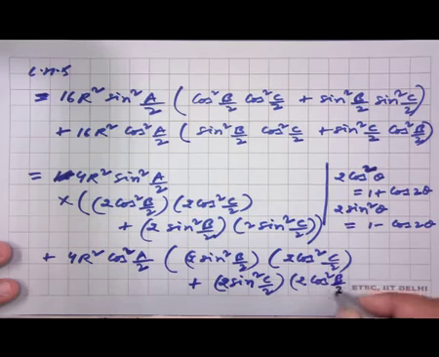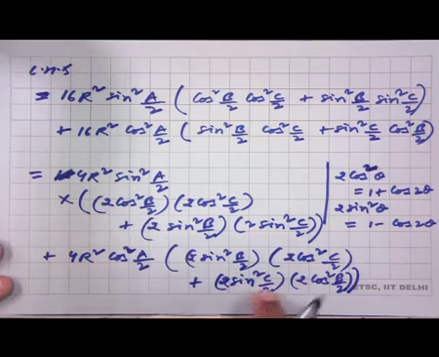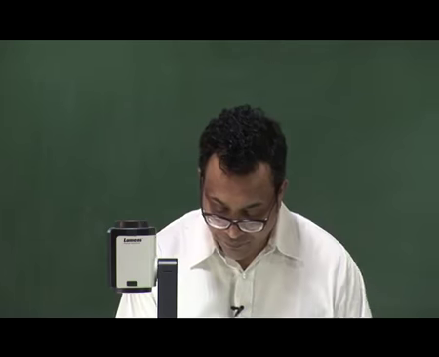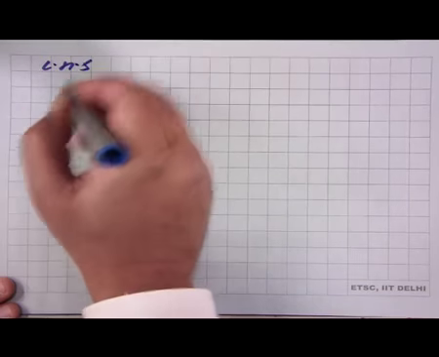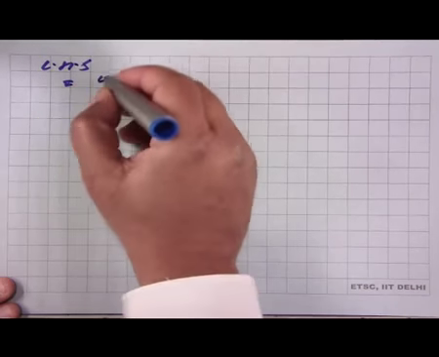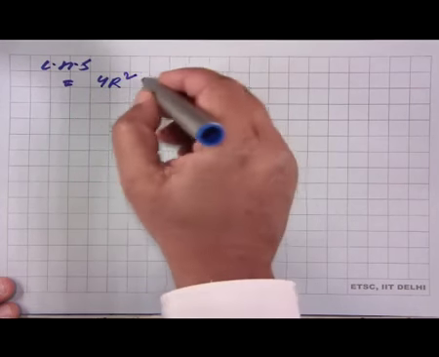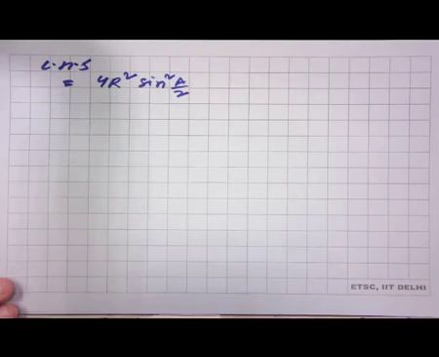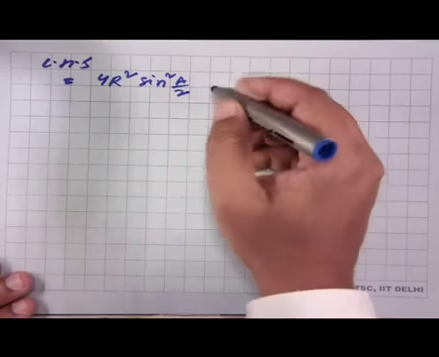And then for each of these 2 cos square or 2 sine square, we are going to use these identities. So, the left hand side then becomes equal to 4R square sine square A by 2 times.